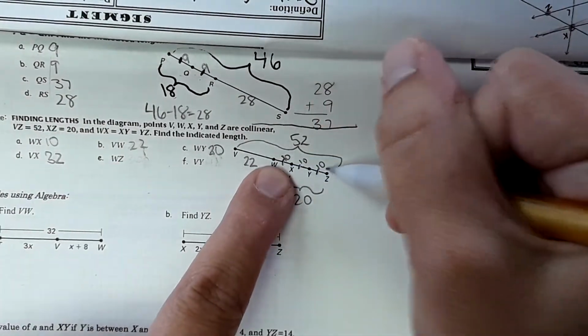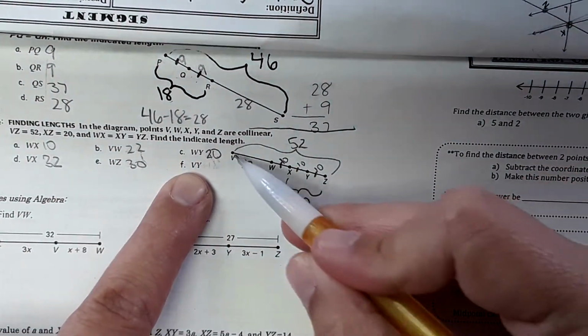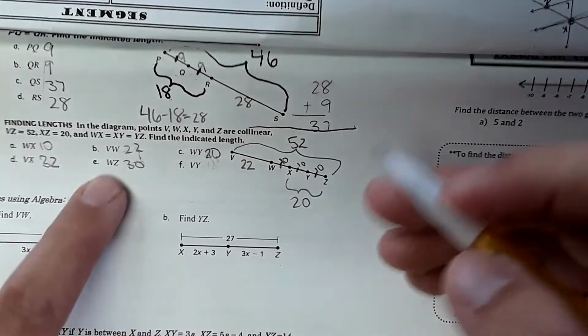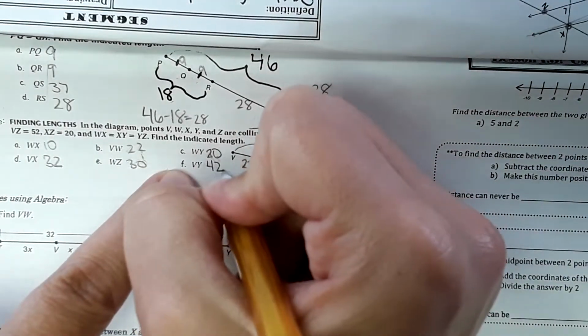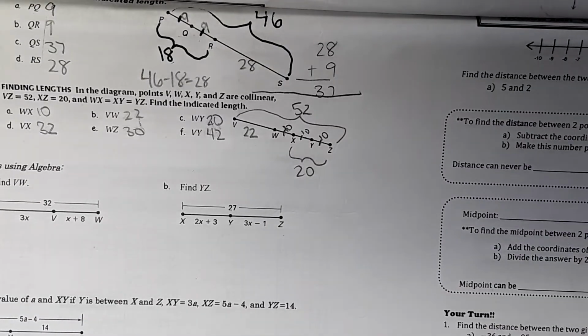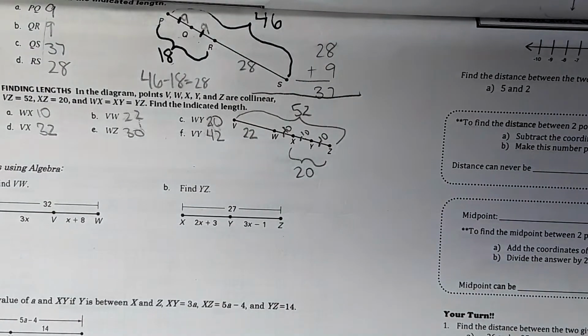WZ is these three segments, which would be 30. And then VY, it's the 22 plus 10 plus 10, which would be 42. That's how we got those. It's kind of like a puzzle. What's tricky about this is when you're doing an assessment online, like you'll be doing for the FSA or for your homework, you may have to sketch this out and label it all because it'll make it easier to figure out.